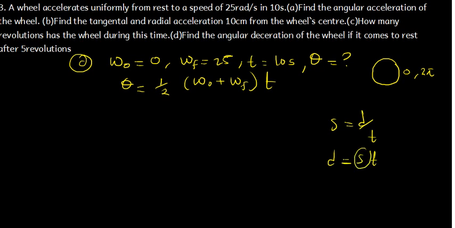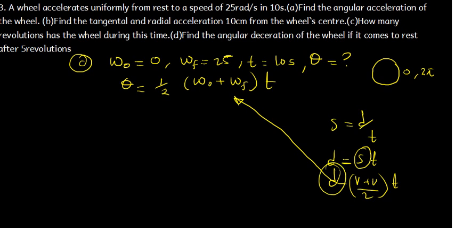Now the speed we are using is the average speed, which is final plus initial divided by 2, multiplied by time. Because we are talking about angular terms, we use these symbols. This would have been linear distance otherwise, but this is angular distance, or angular displacement.